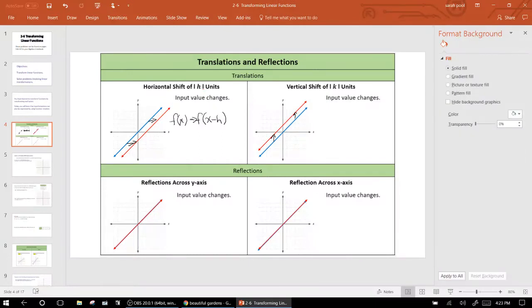If our y component is changing, remember we said that f of x is the same as y. So in this case, you have to take the whole f of x. We moved up, so we're going to add, and I'll call that some amount k.